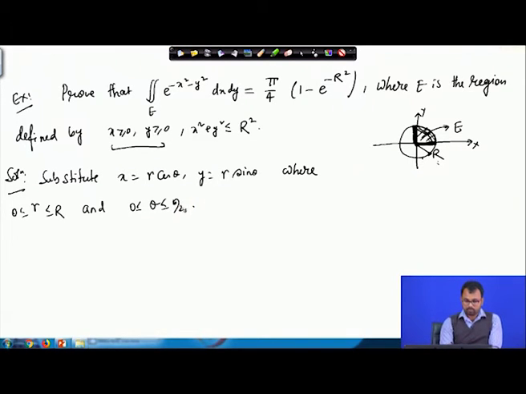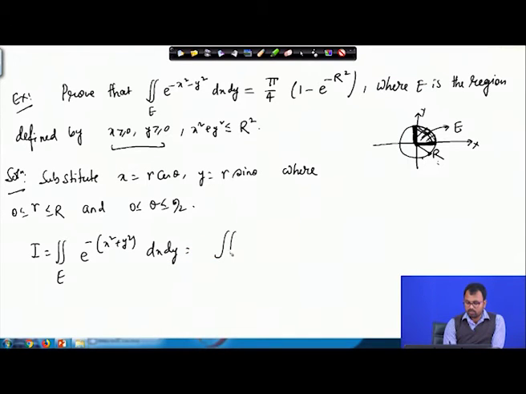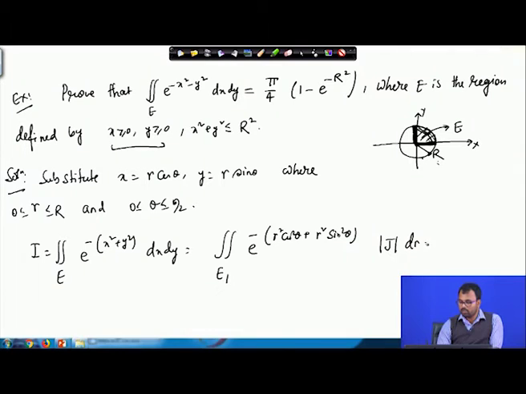Now we write this integral here: I equals the integral over the region E of e to the power minus (x square plus y square) dx dy. When we transform it to the region E1, we can write minus r square cos square theta plus r square sin square theta, and dx dy will be converted into the Jacobian determinant and then dr d theta.